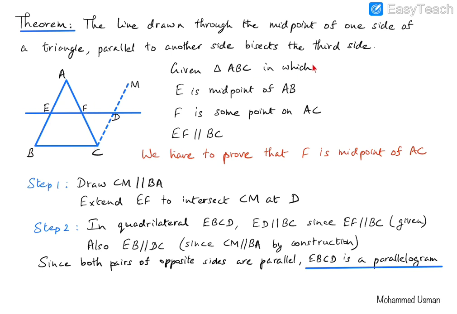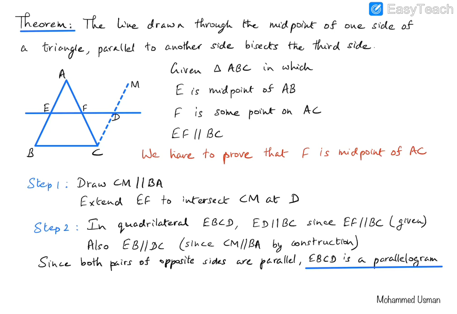So we are given this triangle ABC in which E is a midpoint, F is some point. We are not told that it is the midpoint. We have to prove that F is some point on AC, and we are given that this line EF is parallel to the base of the triangle, which is the third side BC, and we have to prove that F is the midpoint of AC.